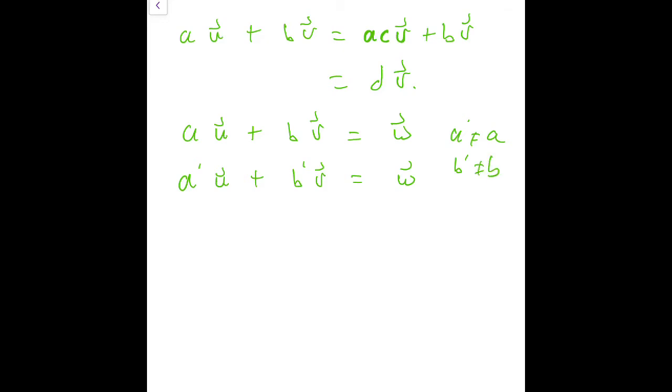Well, if I subtract these two equations, what do I get? I get A minus A prime times U plus B minus B prime times V is equal to the 0 vector.